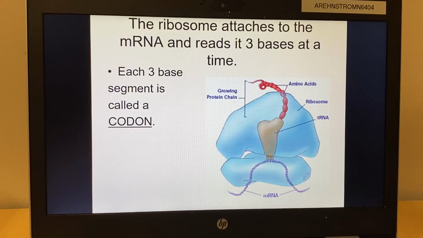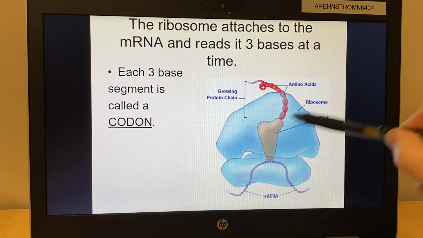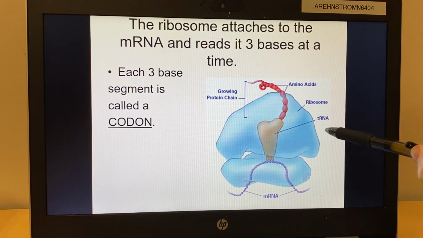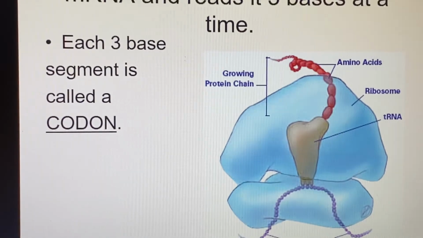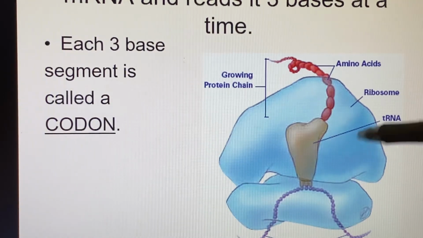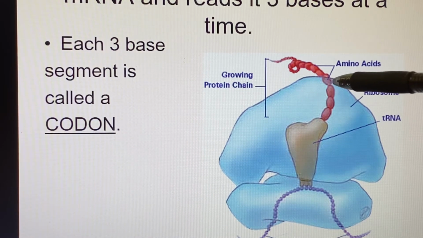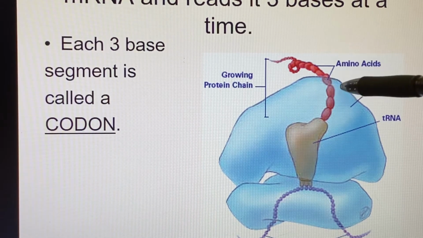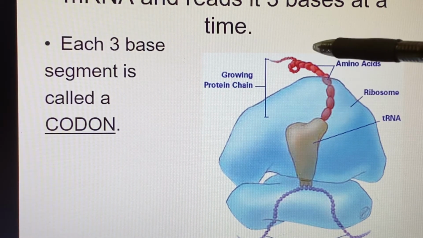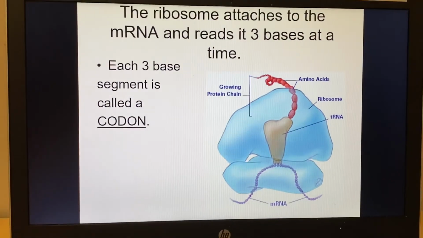You'll also notice this weird little molecule here that kind of looks like a rotten tooth. That is what we call transfer RNA. It's a different type of RNA, and it's what links the codons on the messenger RNA to the amino acids which are being produced, to produce the protein that is being translated.